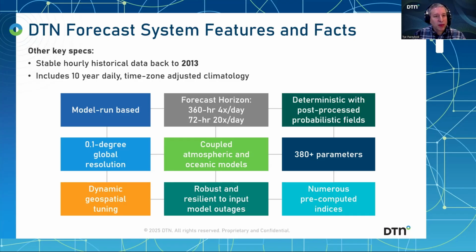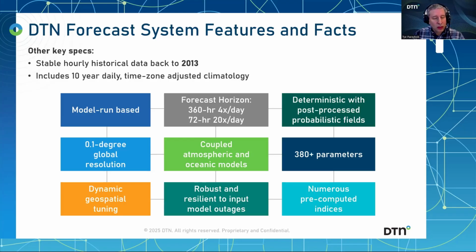Also wanted to just mention a few other things about the historical data. We do have hourly historical data that's based off of the forecast system's derivation algorithms for about 31 different output parameters historically, hourly. We are extending this historical data back beyond 2013 at some point this year as well.